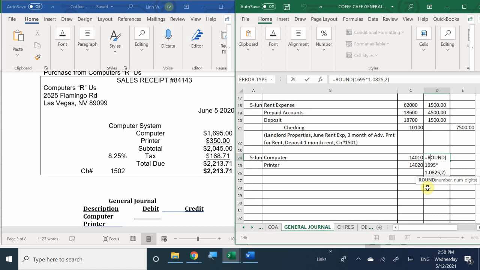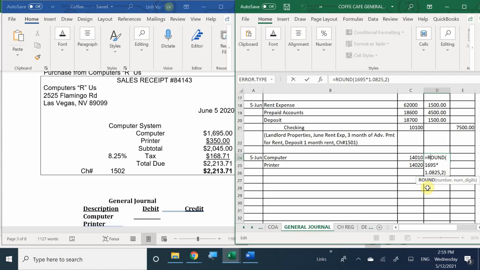That is correct. Okay? But in this case, a shortcut would be just simply adding 1 plus the rate. So 1 plus 0.0825 is going to be equal to 1.0825. It's the same thing. And I'm going to multiply it by the 16.95, and I'm going to get the same exact answer.